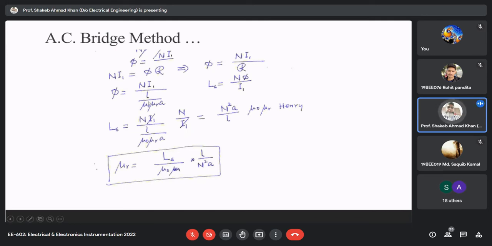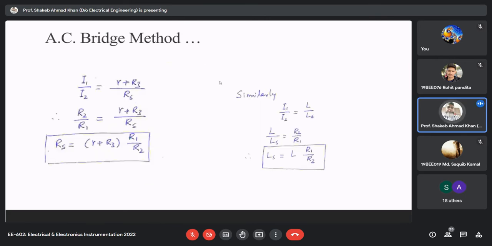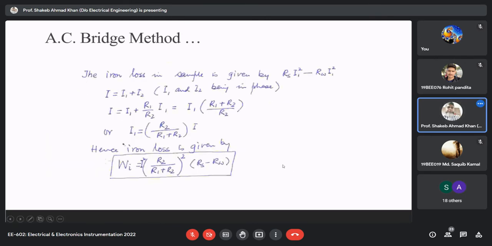As far as the reluctance is concerned, this is the formula: the mean path, that is the circumference of the core, the relative permeability, the absolute permeability of free space, and the cross-sectional area of the core. The inductance of the sample, Ls, we had already calculated from one of the balance equations.